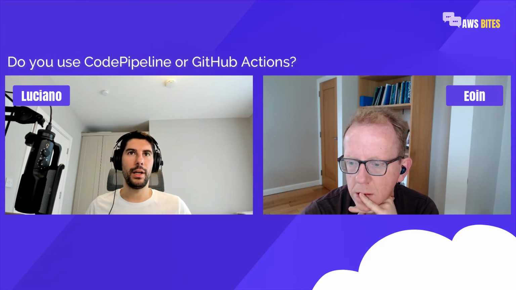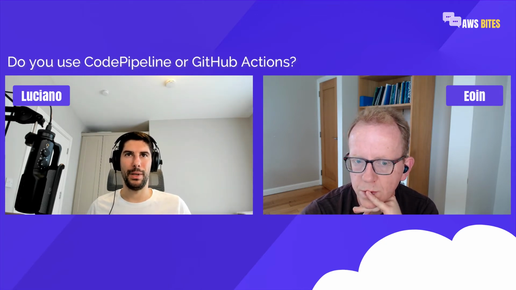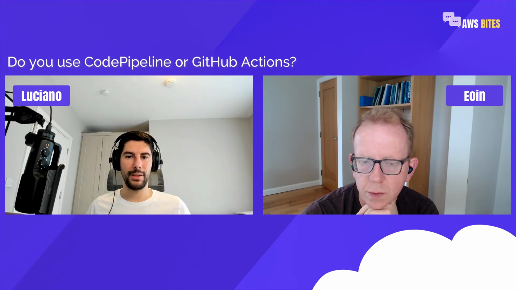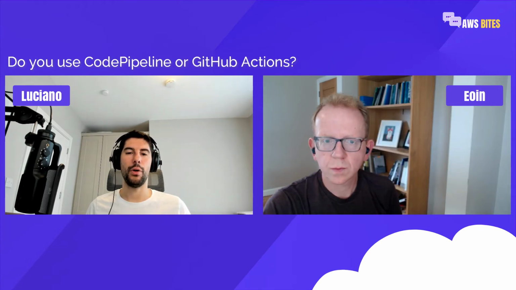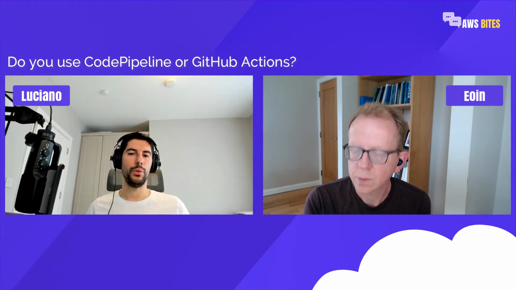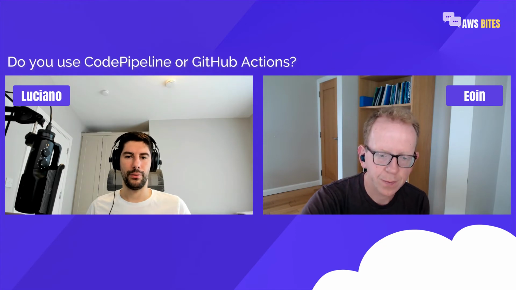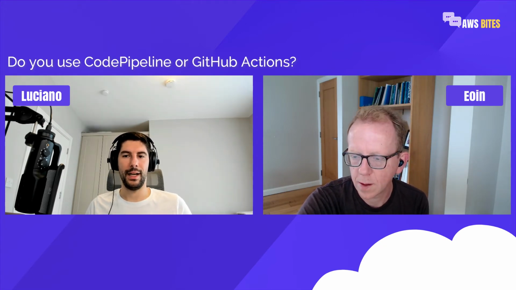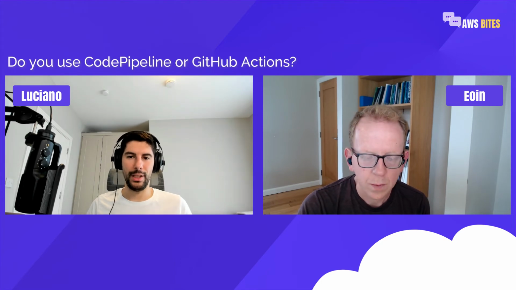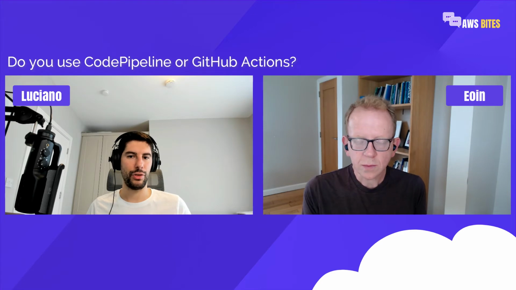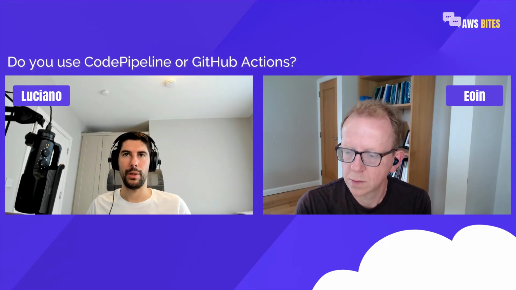And another thing that I really like that is also very simple, maybe in comparison with CodeBuild and CodePipeline, is the matrix feature. A common use case, maybe when you are building a library, is that you might want to run the unit tests against different versions of your runtime. Let's say it's a Node.js project, probably you want to run the tests against, I don't know, Node 14, Node 16, Node 18, just to make sure that people using different versions of Node.js can use that particular library without problems.